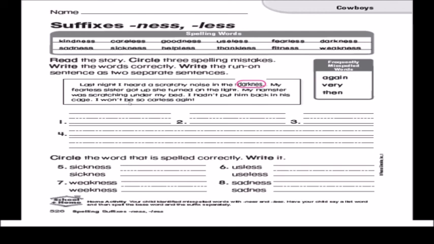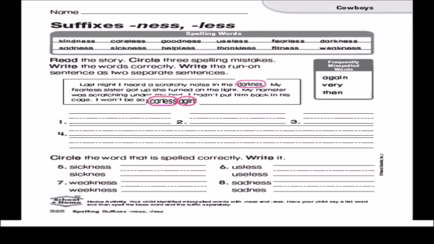I won't be so careless. Care is a long A, which means it ends with E. He forgot to write E. And again is also a long A sound, so it's A-I, again. So this is the two mistakes.